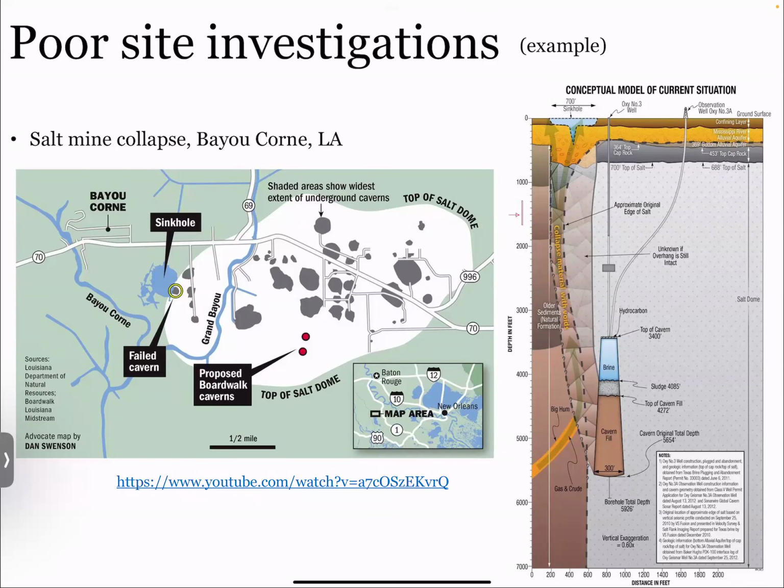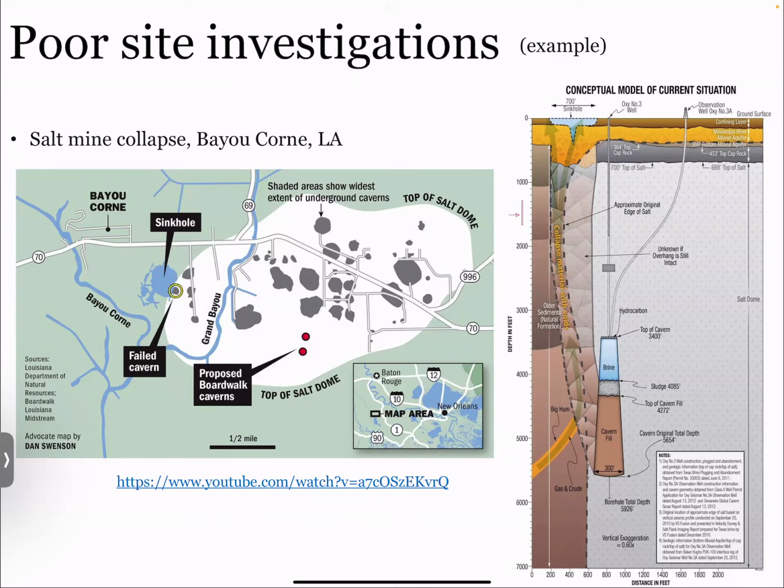I talked about this at the beginning of the semester too, but this is a good example of a man-made sinkhole, induced where they were drilling for a salt mine over in New Orleans. This was the video I showed of the lake sucking in all those giant tall cypress trees.